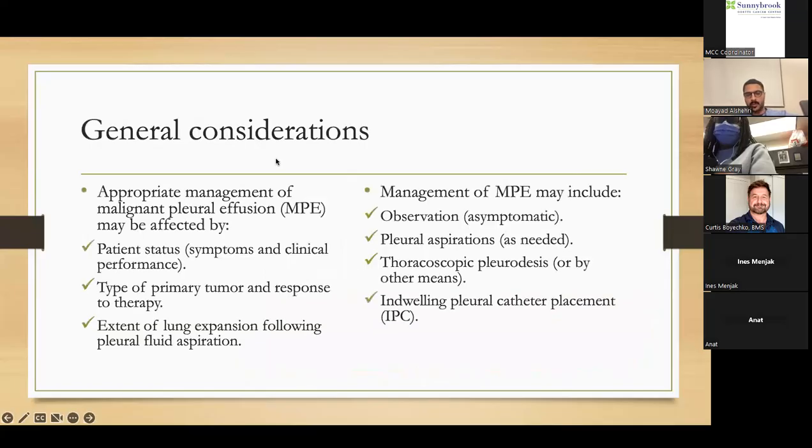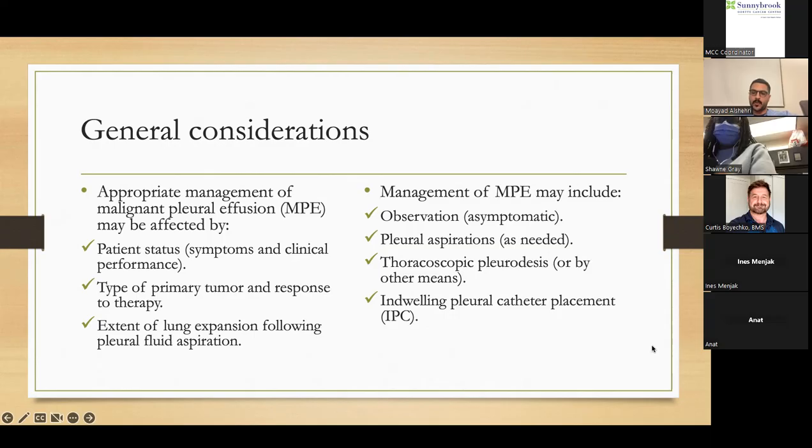Management. So, general considerations when we think of malignant pleural effusion. Things to factor in: what's the patient status? Are they symptomatic or not? What are their goals of care? What is their performance status? And then the type of primary. Is it a primary tumor? Is it a malignant metastatic tumor?